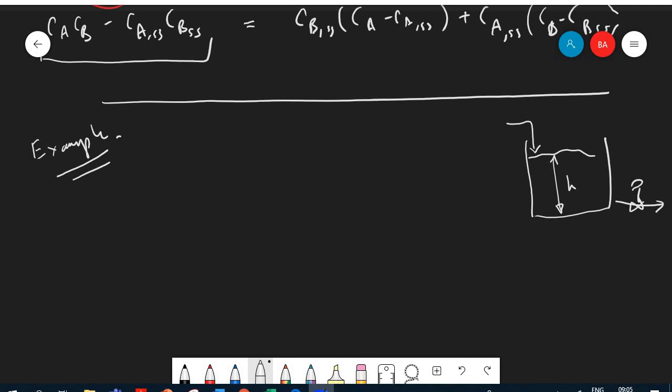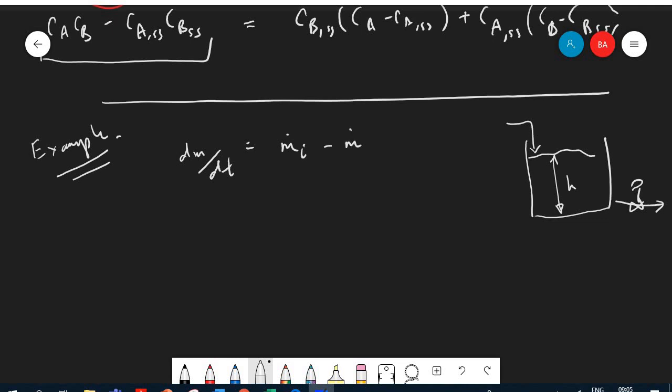When we applied that equation, if you can recall, we had dm by dt is equal to m in dot minus m out dot.